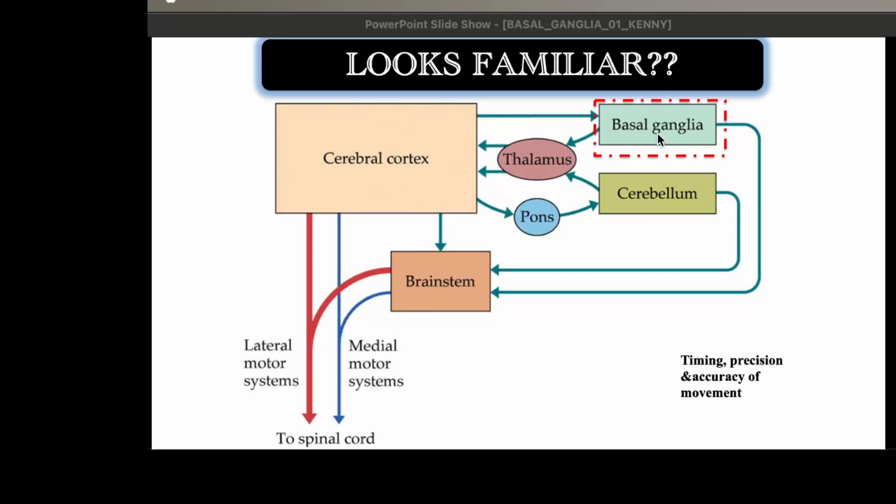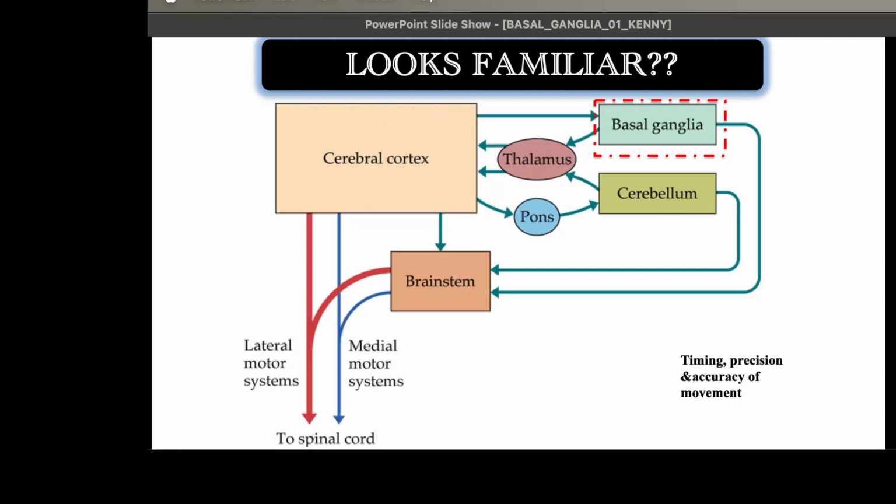And if you remember, we said the function of the cerebellum now was to proofread, to make that movement perfect, to compare the movement that has been made by the basal ganglia with the order that was given by the cerebral cortex. So it proofreads, to review the movement that has been made by the basal ganglia.